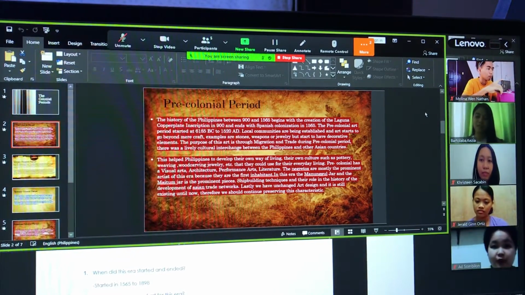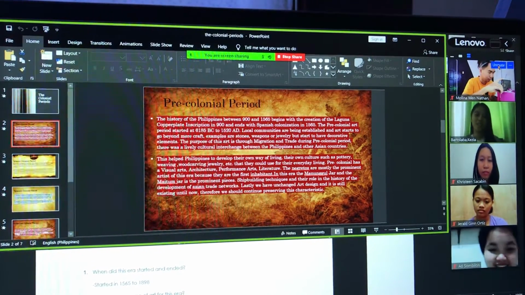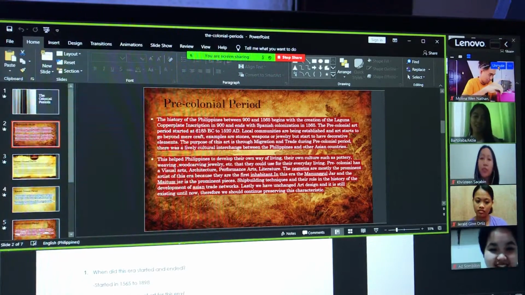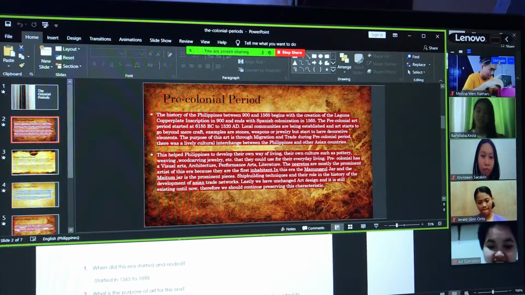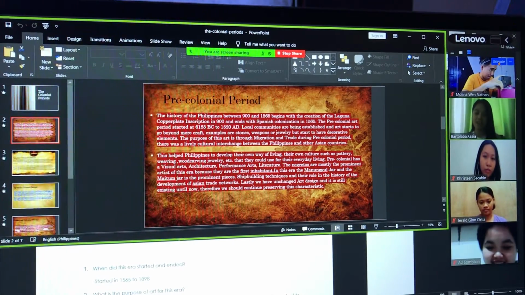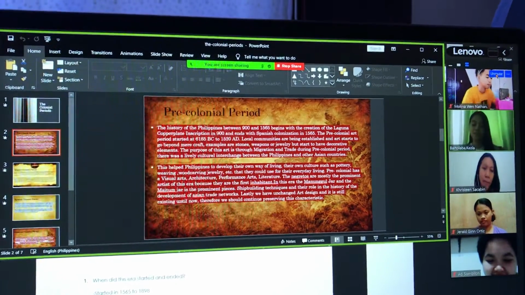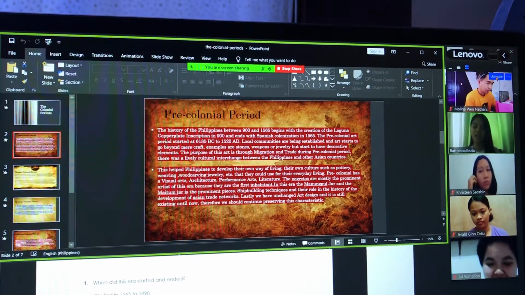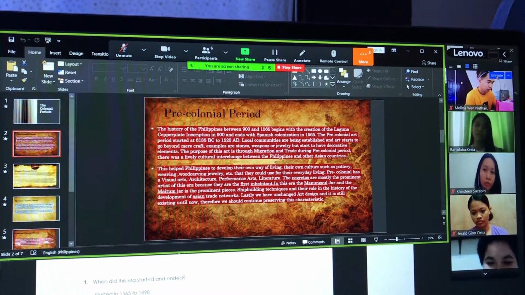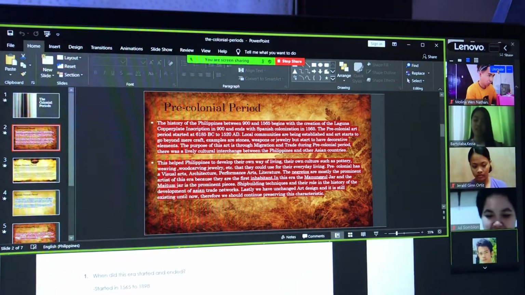Good morning, everyone. I am tasked to explain the pre-colonial period. This era started between 900 and 1565. Through migration and trade during the pre-colonial period, there was a lively cultural interchange between the Philippines and other Asian countries.